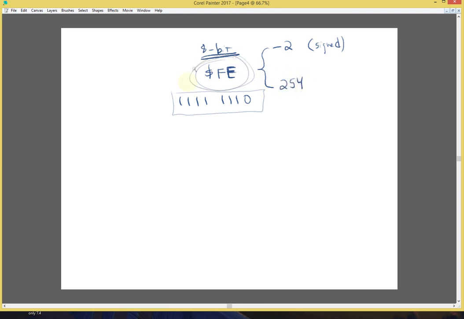So FE is simultaneously +254 or -2, but that depends on how you interpret it. And by interpreting, that means by the types of instructions that you use. Certain instructions are signed and certain instructions are unsigned.